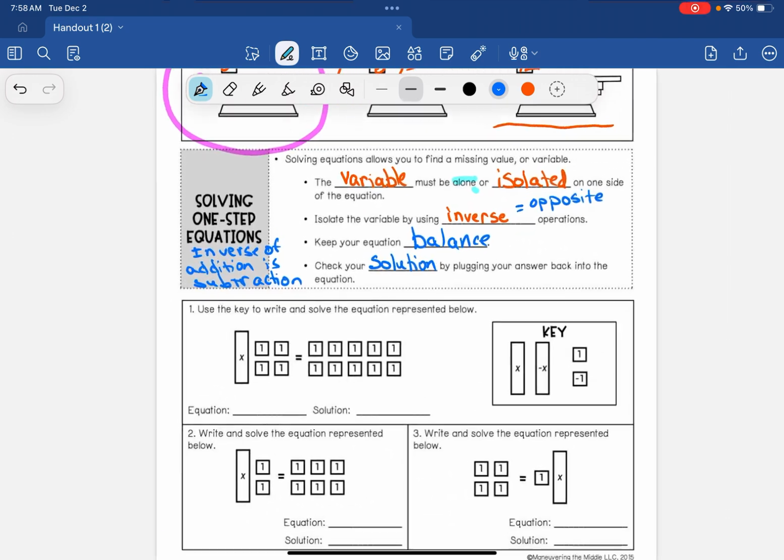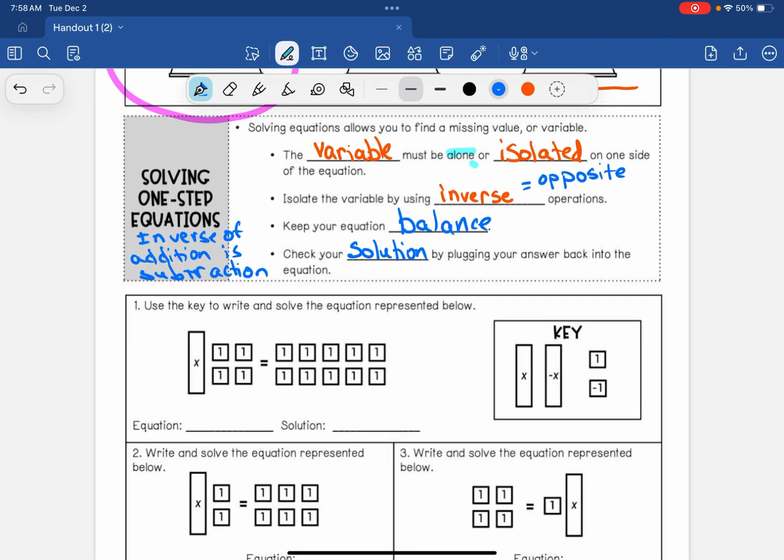So we can use these algebraic tiles here to help us represent what the equation is and how we would solve it. So if we look at our first example here, we have the x by itself, so we're going to write our equation. Remember yesterday we talked about our equation is when we have two sides, we have that equal sign.